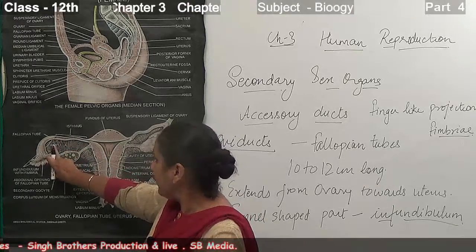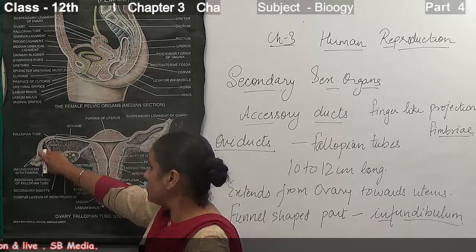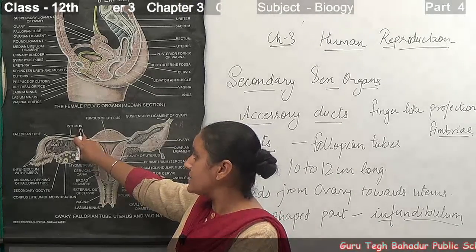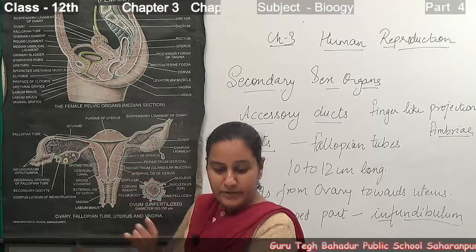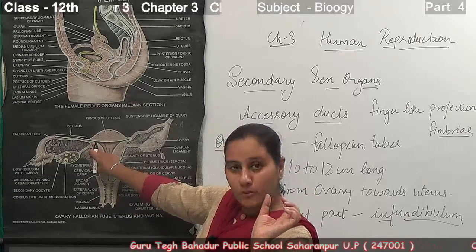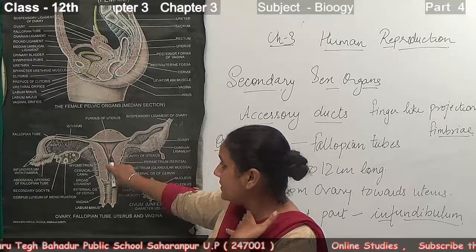Here it is the ampulla, it is mentioned. Then they move to the last narrow part of the fallopian tube, that is the isthmus, which has a narrow lumen opening in the uterus, where it opens.